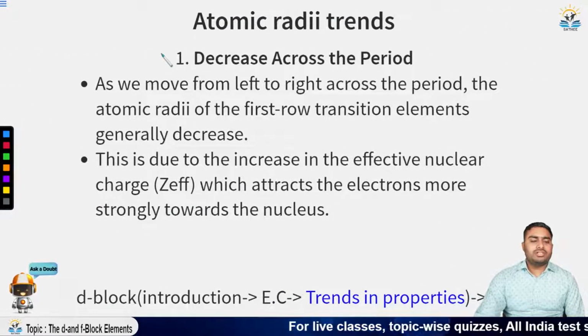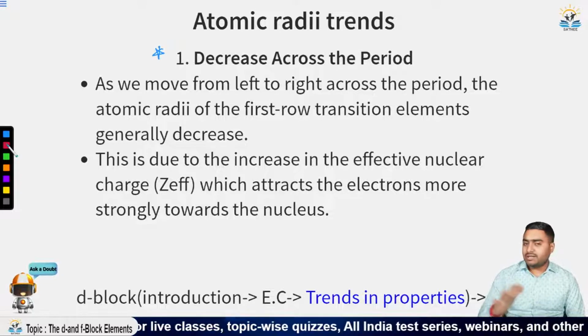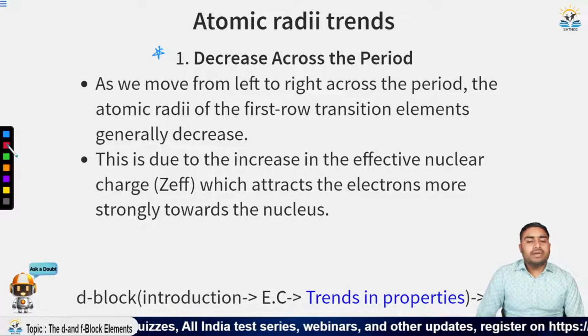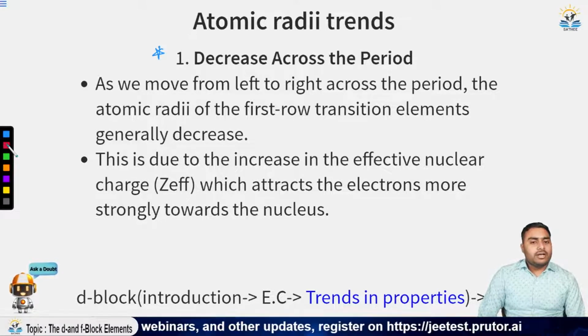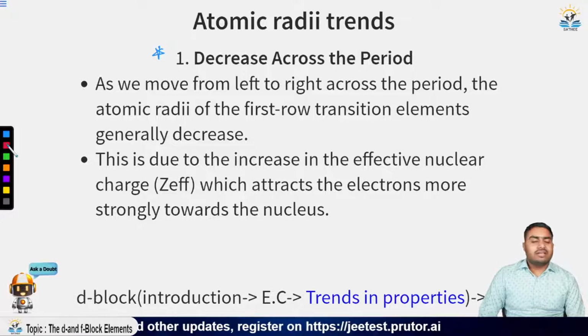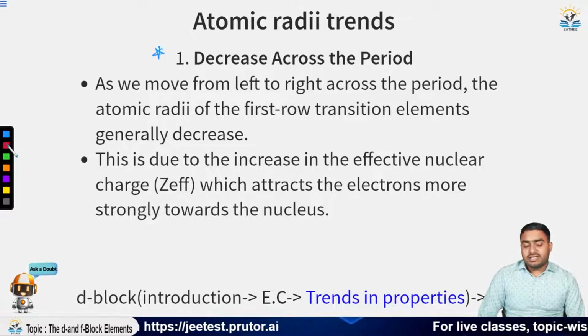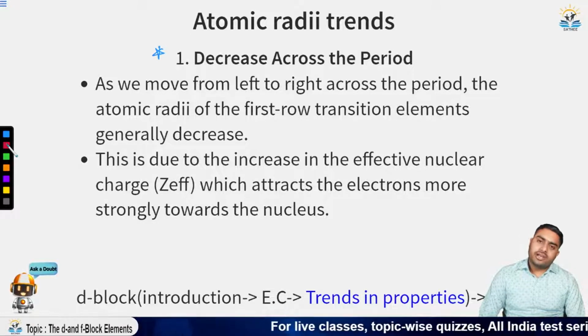The first point is a decrease in atomic radii across the period. If you are moving left to right across a period, what happens? There will be a decrease in atomic radii. Why? The atomic radii of the first row transition elements generally decrease as we move left to right across a period in the 3d series because of Z effective. If Z effective is increasing, atomic radii will decrease.